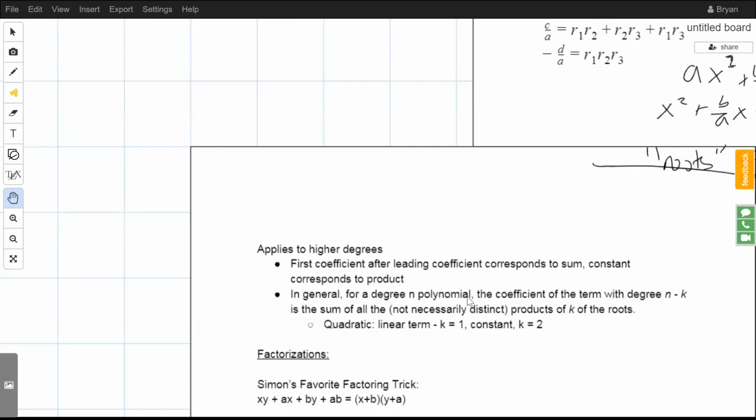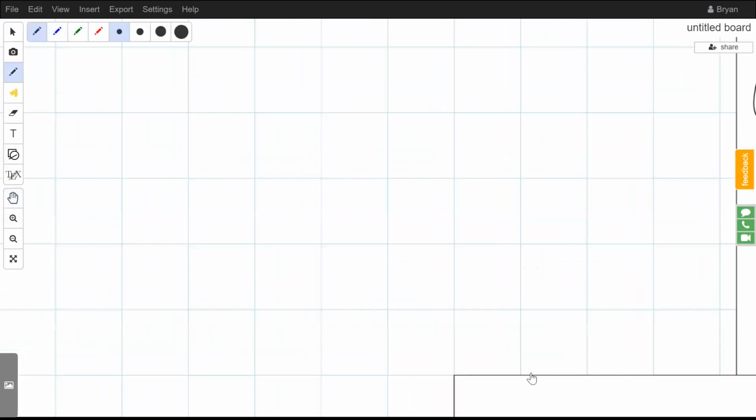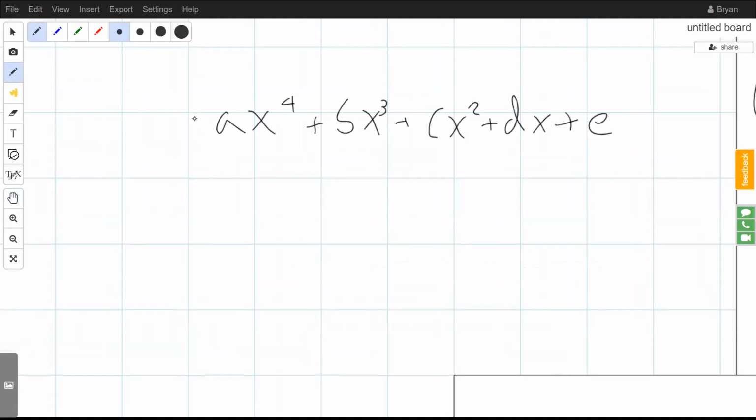And in general, for a degree n polynomial, the coefficient of each term corresponds to the sum of the products of k of the roots. This could be sort of confusing, so I'll give an example. Let's say we have a fourth degree equation, x to the fourth plus bx cubed plus cx squared plus dx plus e. We know that negative b over a is always going to be the sum of the roots.